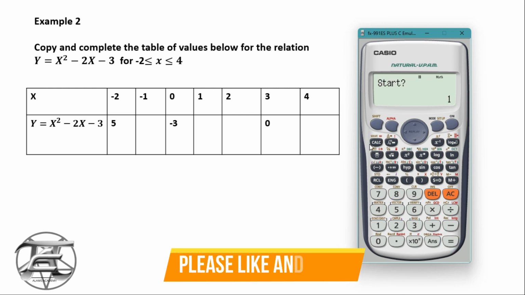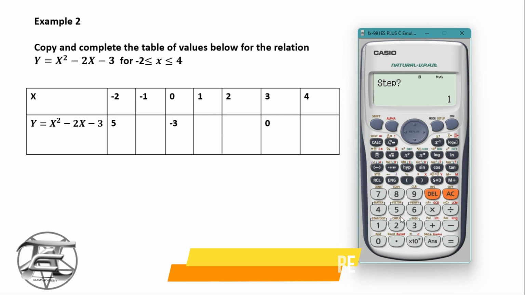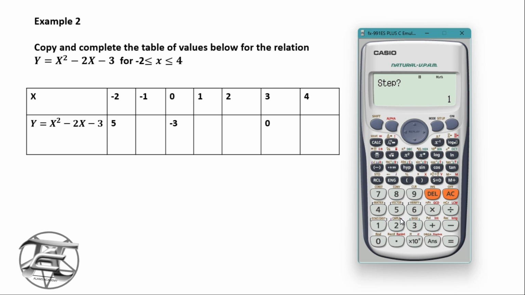It's starting from -2, so I key in -2, press the equal sign, and ending at +4. And the step is 1, that's the difference between the values. So I key inside 1, press the equal sign.